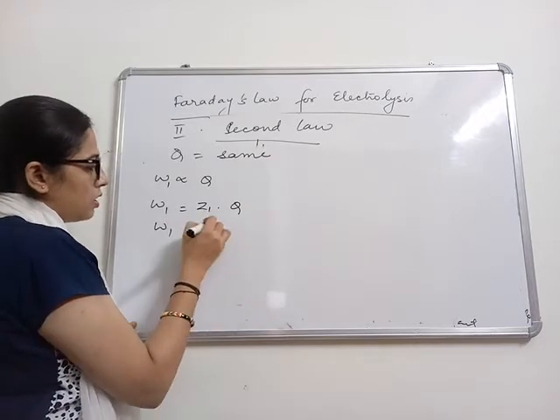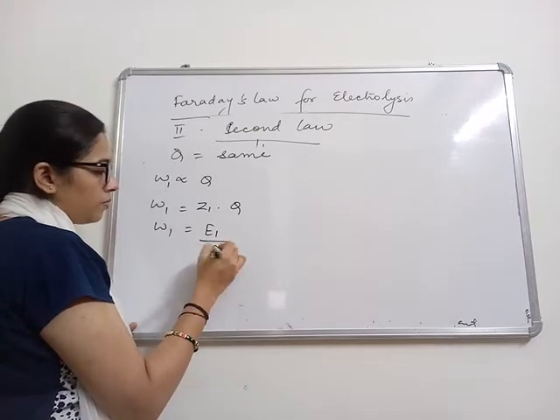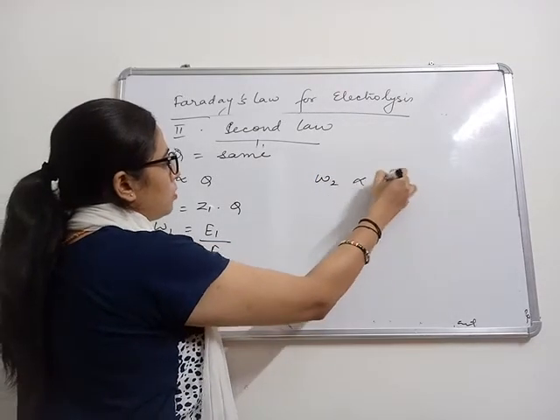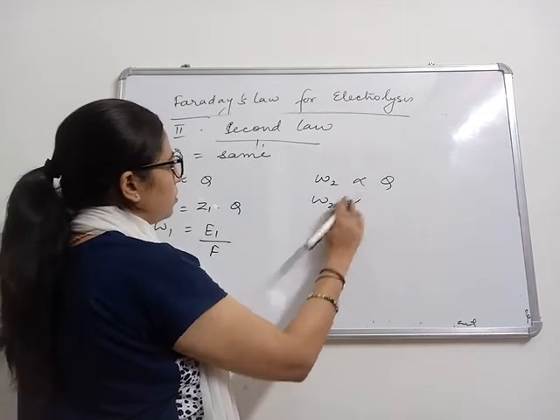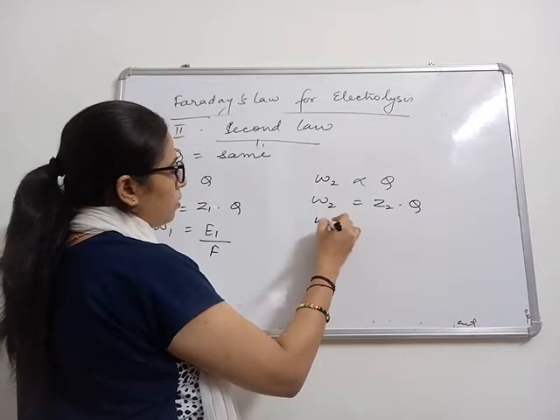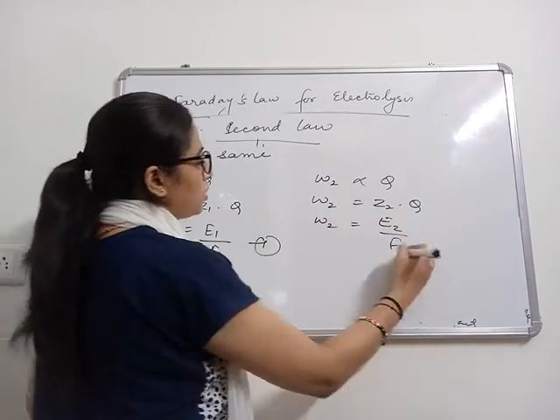The current is the same, so Z1 will be E1 upon F, okay. And W2 is proportional to Q, which is W2 is equal to Z2 into Q, and W2 is equal to E2 upon F. So I have equations 1 and 2.